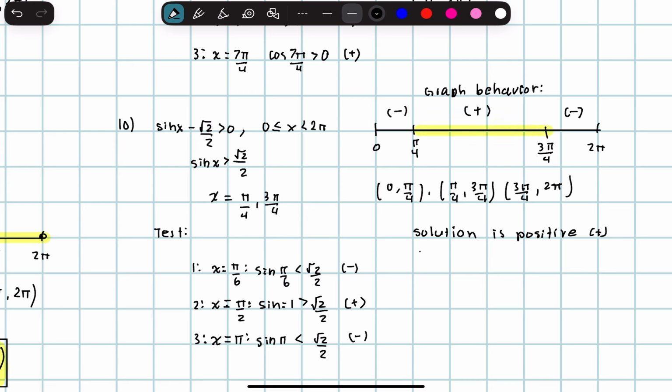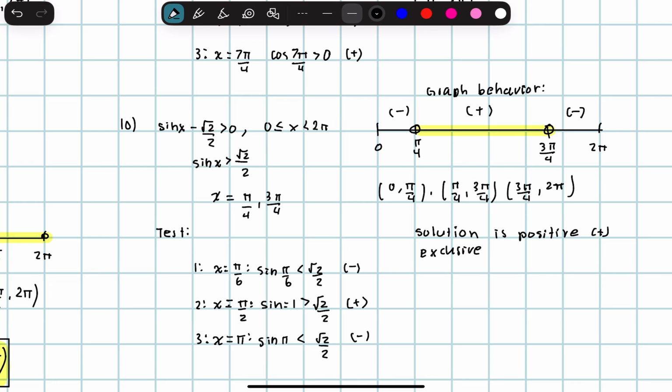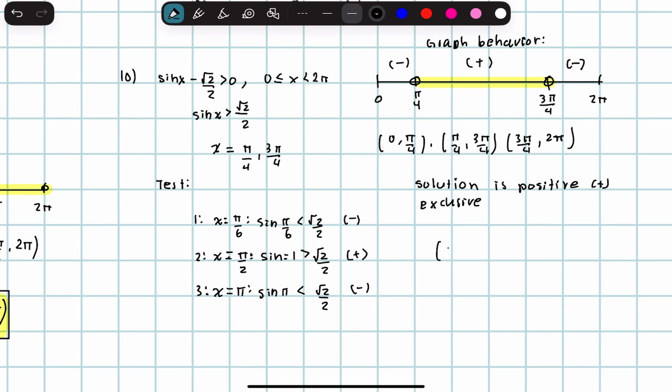Also remember it is exclusive, so you write these circles here. So now you can write the solution as pi over 4 to 3 pi over 4. Now great, now we can move on to our next question.